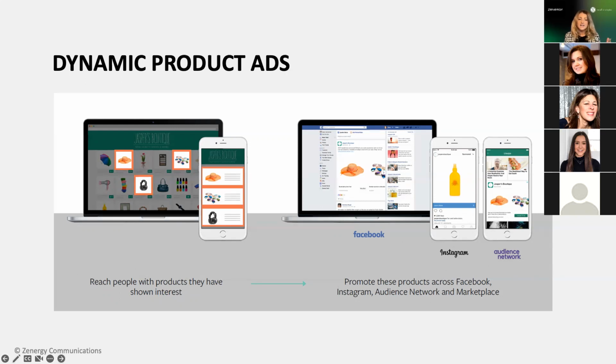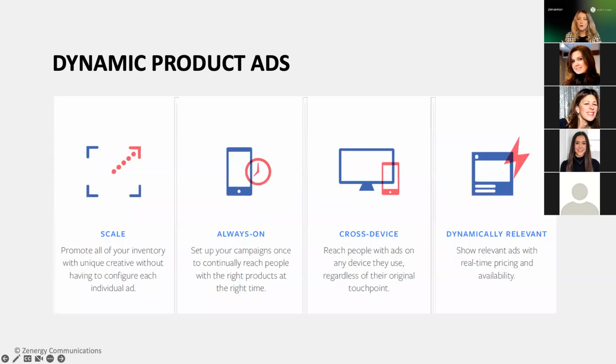They basically target people based off of what products they have already viewed. So you can scale these, you can set these up, and you can keep them always on. They also work across devices, and they're dynamically relevant, which means they're always going to be relevant to what you have seen on a website.